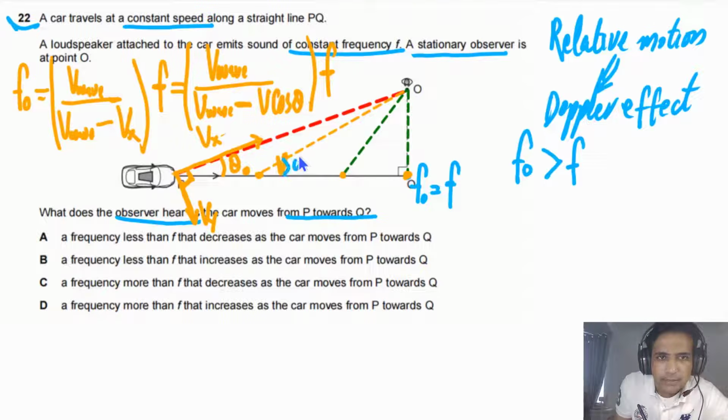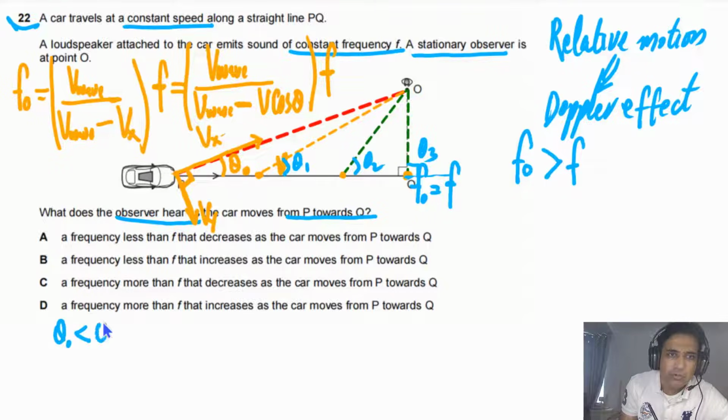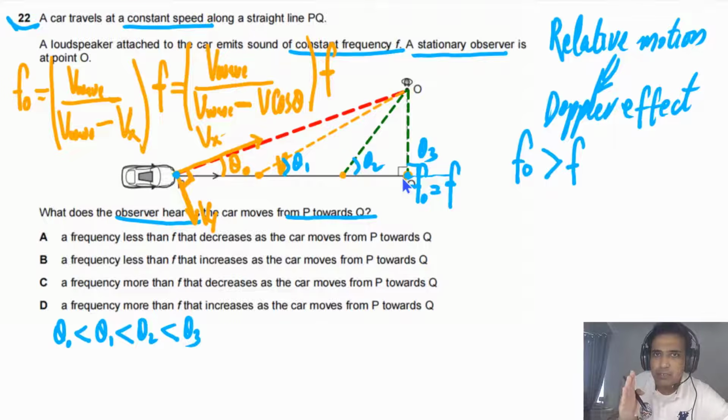Let's say this angle is theta 1, this angle is theta 2, and this angle is theta 3. You can simply see theta naught is smaller than theta 1, which is smaller than theta 2, which is smaller than theta 3. So when we are moving from point P to point Q, theta is increasing.